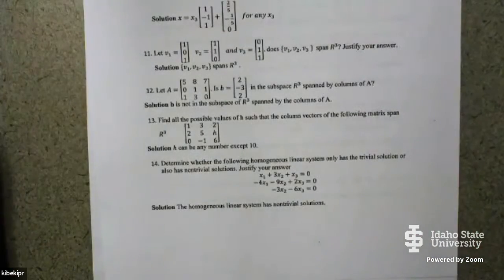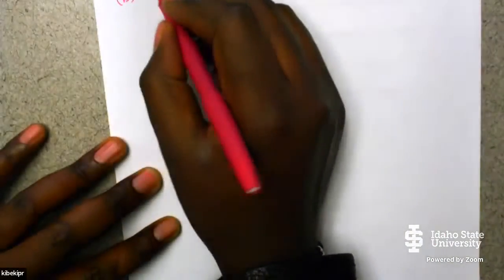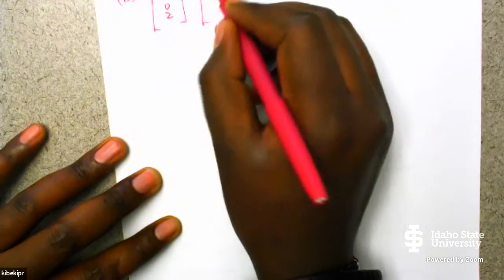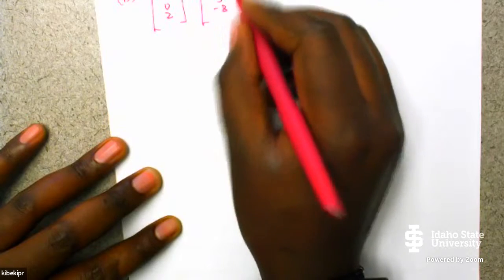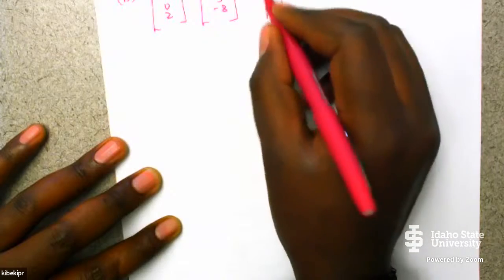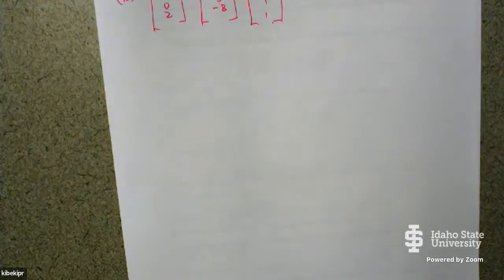Okay, another example. Let's solve this one a little faster. Number B, we have 0, 0, 2, and then 0, 5, -8, and -3, 4, and 1. Check whether this is linearly independent or dependent.